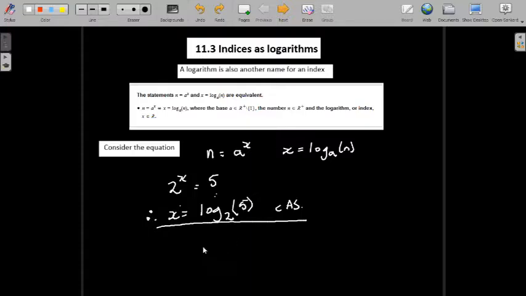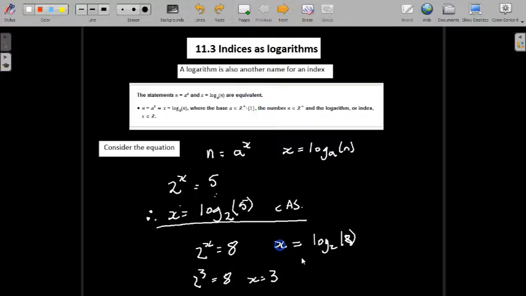So solving the equation 2 to the x equals 8, x would therefore be log 2 of 8. What it's saying, and we've had a look at this last chapter, is 2 to the x equals 8, so we're saying 2 to the what gives me 8. Well, 2 to the 3 would be 8, so x would therefore be 3.